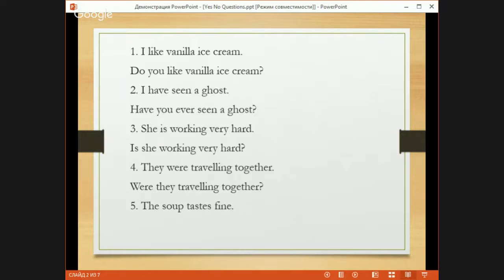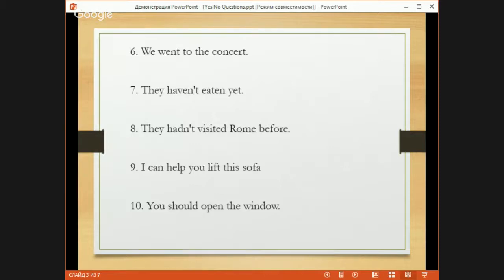The last one on this slide: the soup tastes fine. So we ask the question, does the soup taste fine? This is present simple, so we use does because soup is third person.